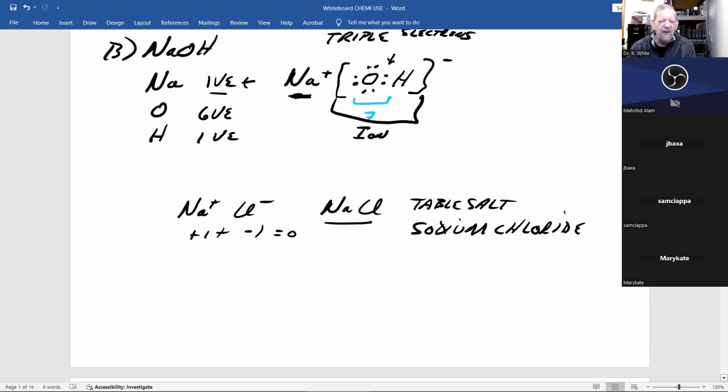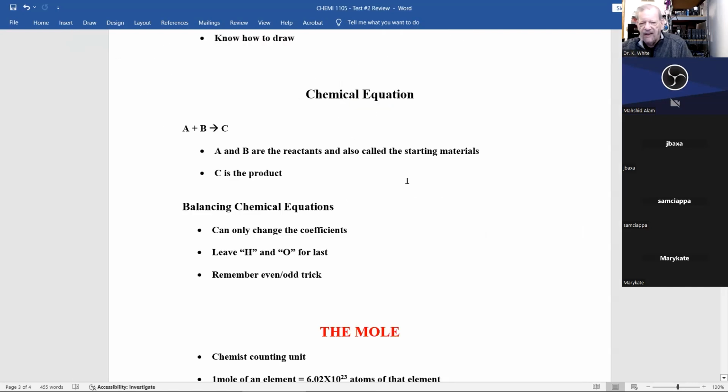All right, let's move on to the next area, and that's chemical equations and the mole. A chemical equation shows a chemical reaction in a graphical or equation form.